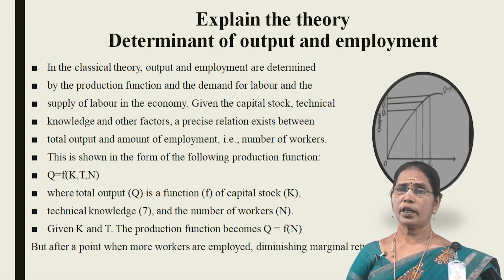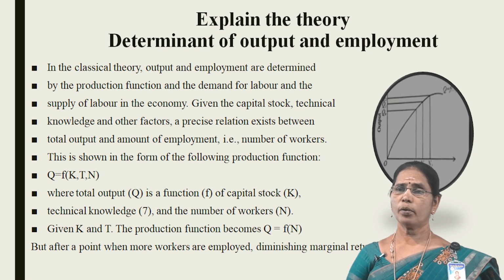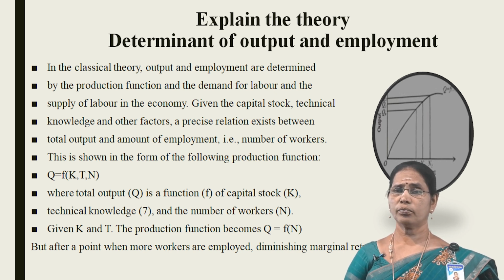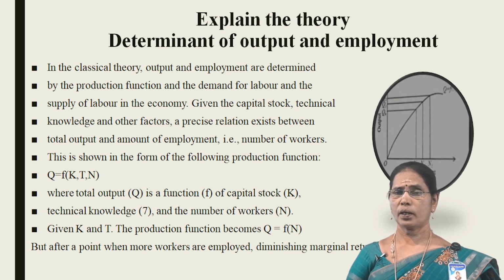Determinant of output and employment. In the classical theory, output and employment are determined by the production function and the demand for labor and the supply of labor in the economy. Given the capital stock, technical knowledge and other factors, a persistent relation exists between total output and amount of employment, that is, number of workers. This is shown in the form of the following production function.